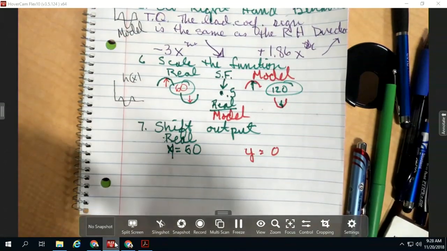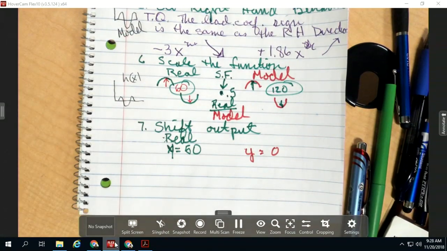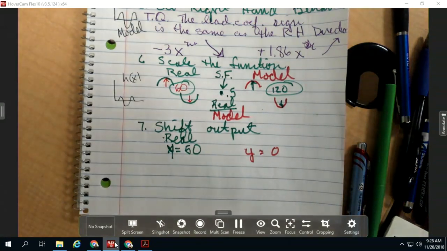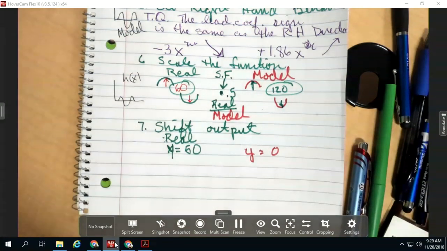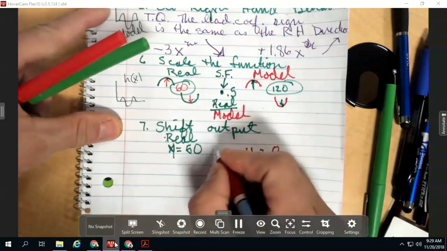So we have to take our model and we're supposed to call it, I must be off by a letter, because they call it h of t. Anyway, we have to shift it up 50.